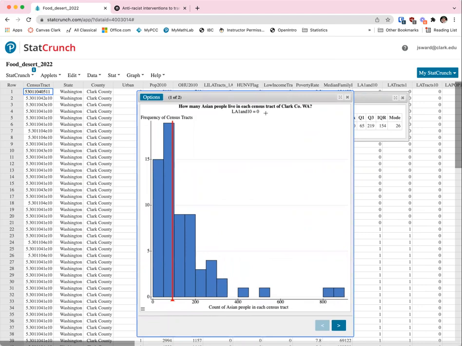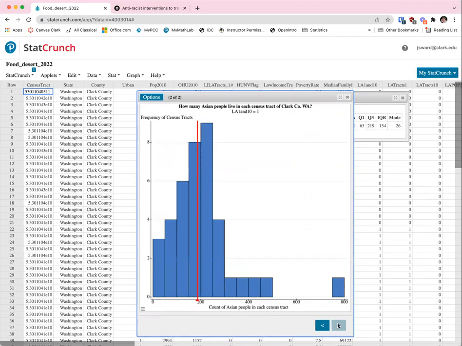LA 1 in 10 means no, I have not met this quality. And then LA 1 in 10 equals 1 means yes, this quality has been met. So I went back and read the definition of LA 1 in 10 again, because I wanted to refresh myself what exactly it meant, because there's a lot packed into these little symbols right here.